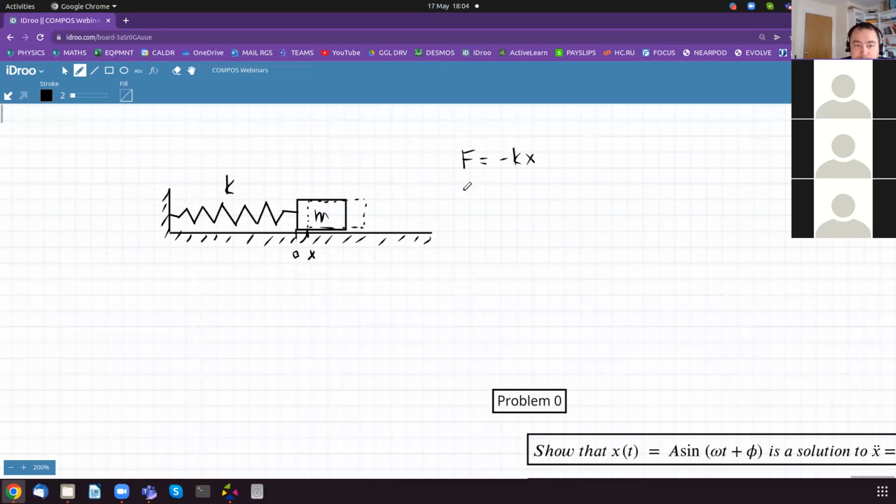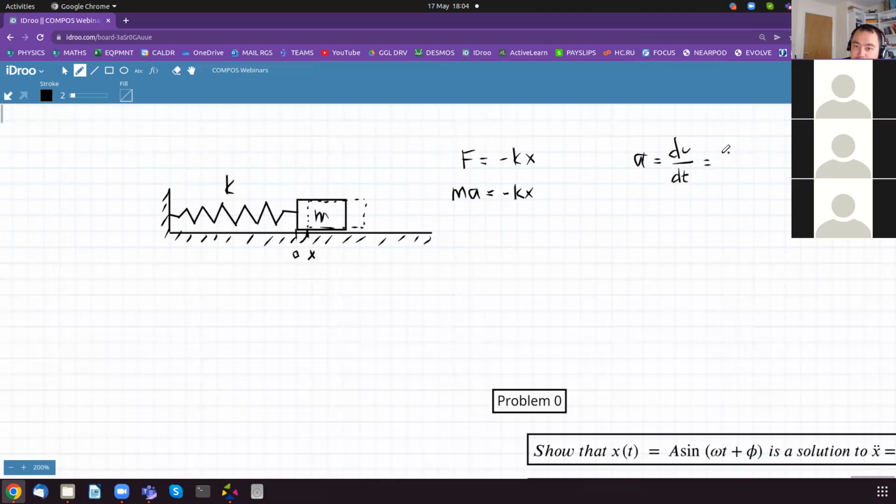Now, we know that force is mass times acceleration. Mass times acceleration equals minus Kx. But we also know that acceleration is the second derivative. Acceleration is the derivative of speed, dv/dt, but speed is the derivative of x.